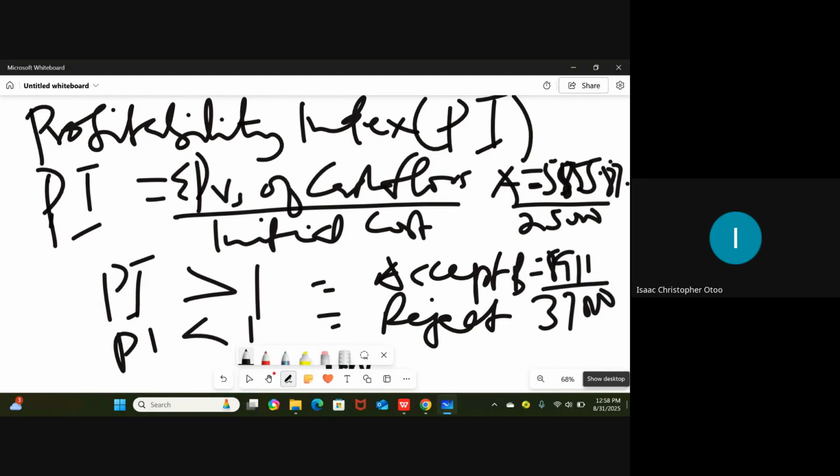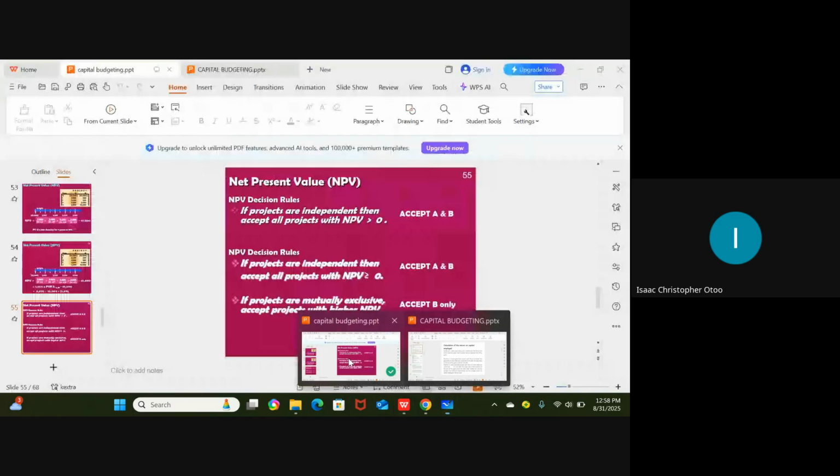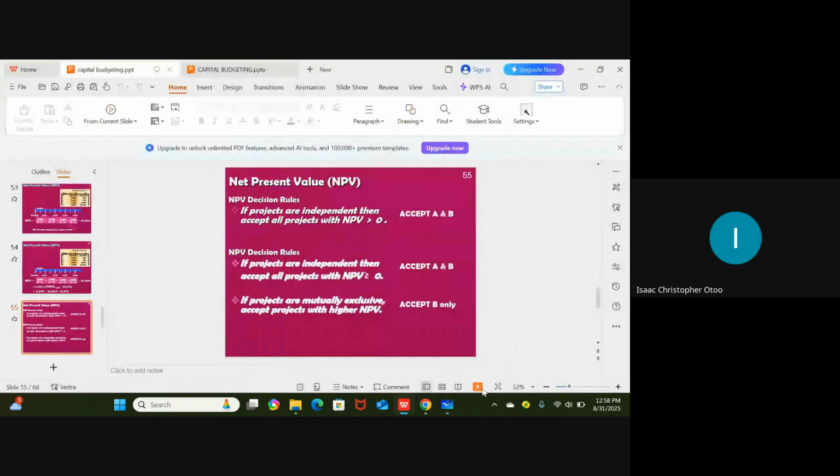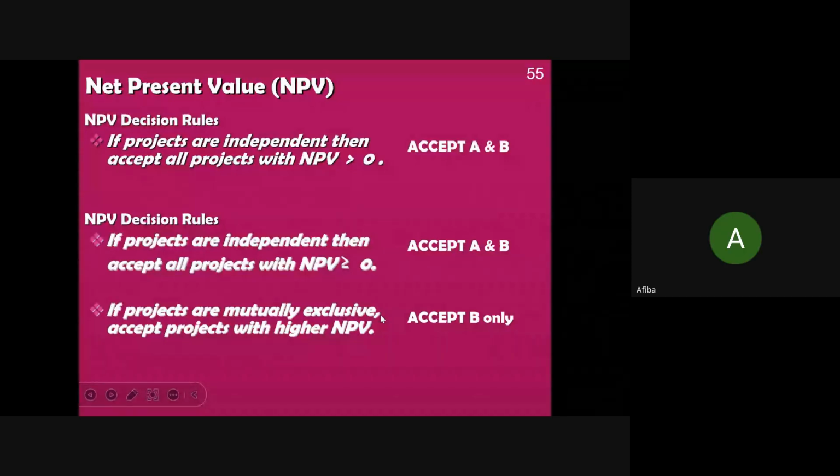So it means that we did not get one, so reject. All the two projects will be rejected because the PIs are less than 1. I hope you are getting the understanding.